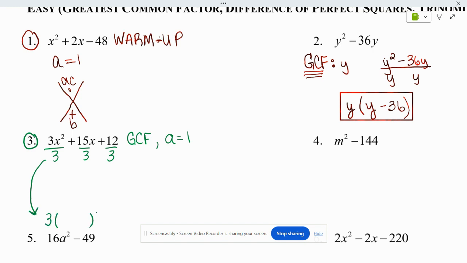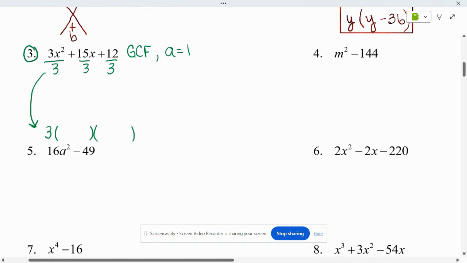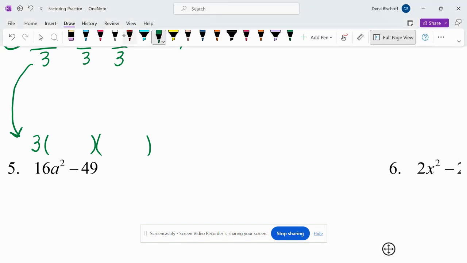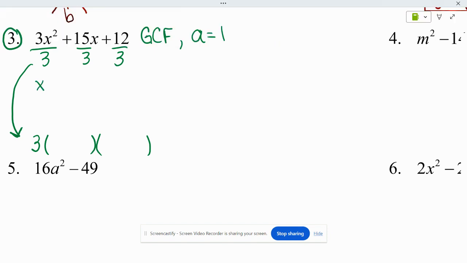And I know I'm going to end up with 2 binomials because this is a trinomial, so I can write it as a product of 2 binomials. So when I factor a 3 out of that entire trinomial, what do I have left? Yeah, I have x squared plus 5x plus 4.